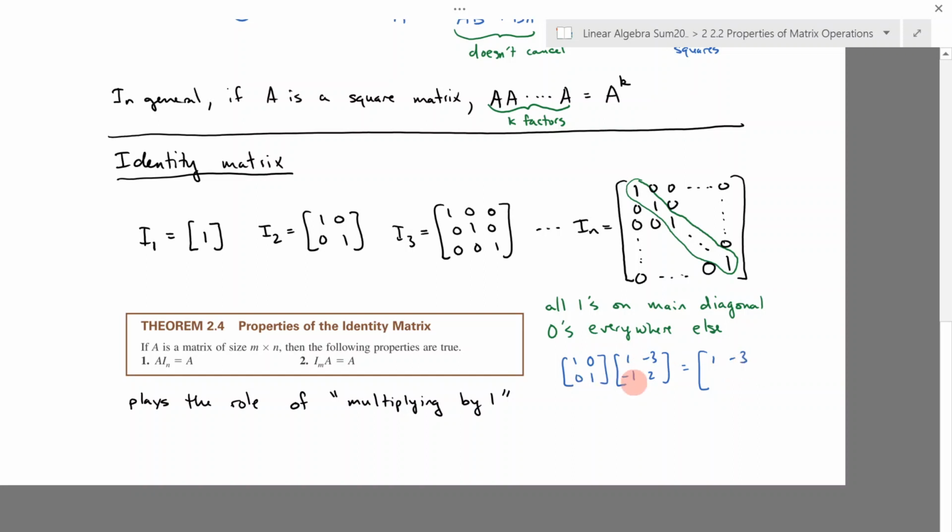And then this row times this column gives you a negative 1. And this row times this column gives you a positive 2, because it's 0 plus 2. And so the matrix stays the same.